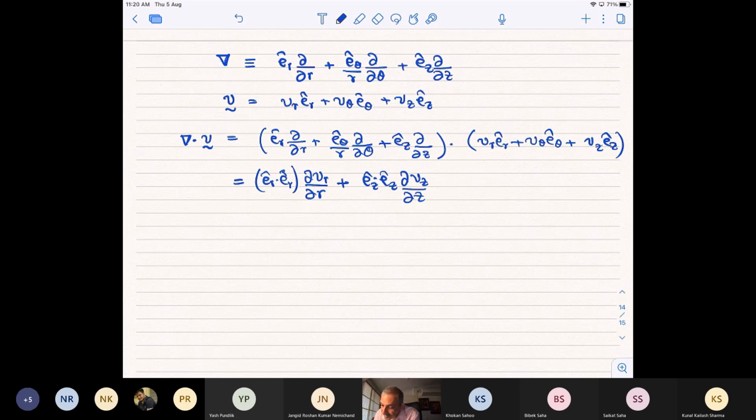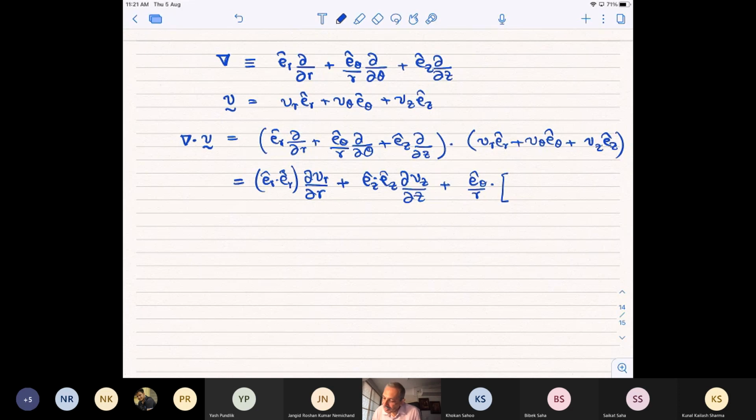Now when we look at the theta term, we have a little bit of trickiness, because you have to take the derivative of both things. So I'm going to write it as plus, I'm going to just keep the dot product out, E theta by R, and I'll take a dot product and then I'll take derivatives.